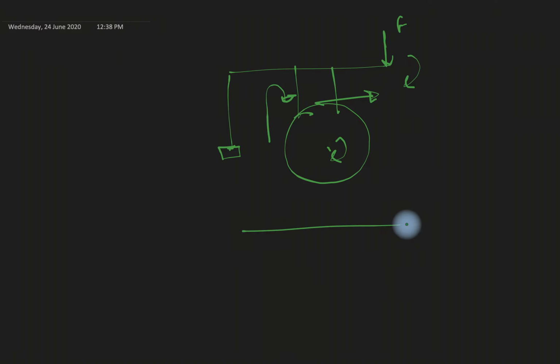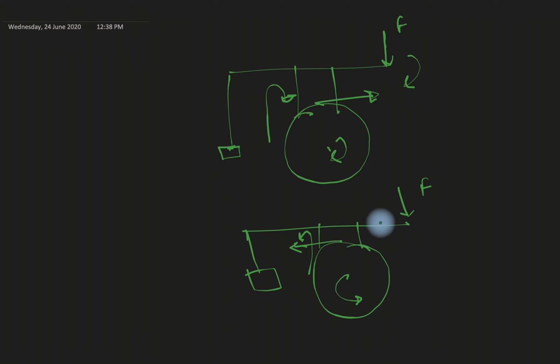Now the same option has been given for the other direction. Suppose this is my block brake, and now it is rotating anti-clockwise. So my Ft will be in this direction, and the applied force is in this direction. The moment of the frictional force is anti-clockwise and the applied force is clockwise, so the frictional force is not helping our external force.